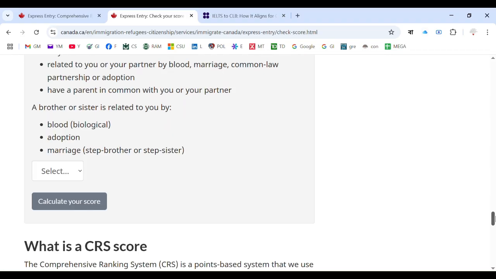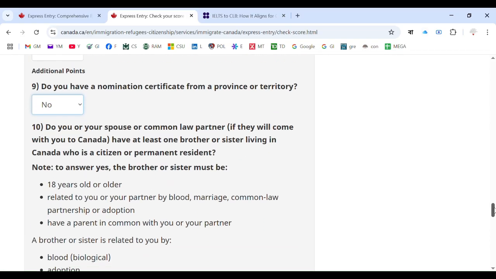Okay, so then, do you or your spouse or common law partner, like you or your wife or husband, have at least one brother or sister, that means at least one of the siblings living in Canada who is a citizen or PR?